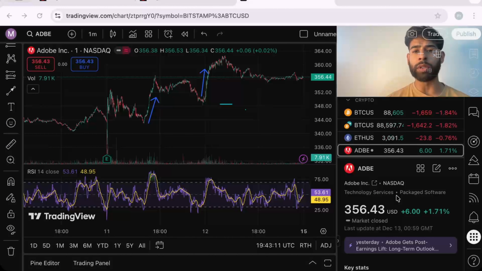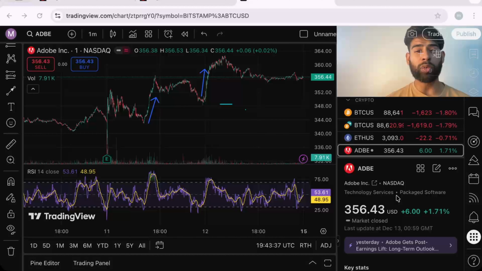A call option is when you're expecting a stock to go up, and if you're expecting a stock to fall, then you're looking at a put option. I'll go through different scenarios where you might buy a put option or a call option. Recently, I bought call options for Adobe stock.